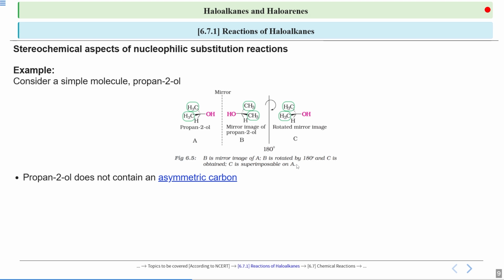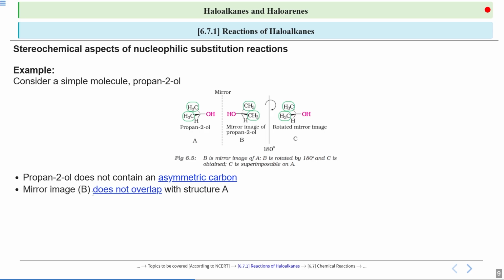So C can be superimposed on A. So propan-2-ol does not contain an asymmetric carbon. That means there is no carbon in propan-2-ol where all the substituents are different, right? So it does not contain any asymmetric carbon.